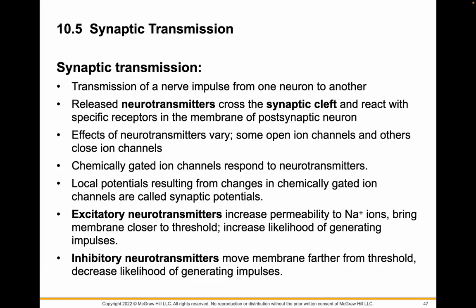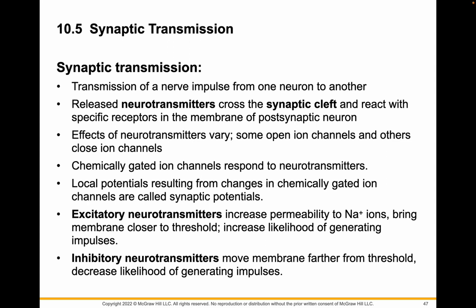So transmission of a nerve impulse does use neurotransmitters that cross the synaptic cleft, and they're going to bind to specific receptors on the membrane of that postsynaptic neuron. And every neurotransmitter affects the neuron differently. Some open ion channels, some close, some do other things.